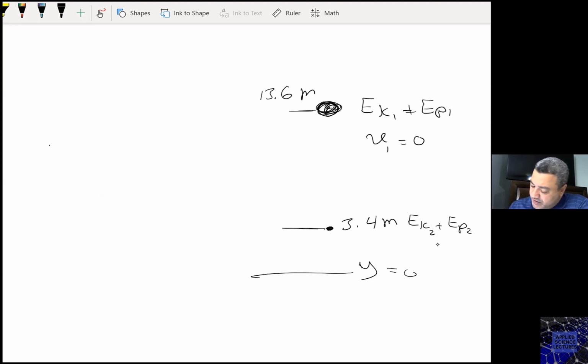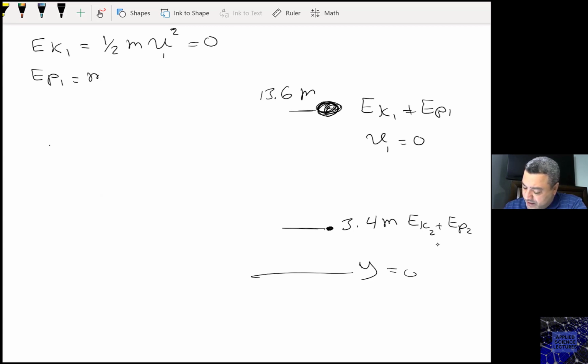So if I start first with EK1, it equals half m v1 squared, and this, as I said, equals 0. Then I have EP1, that is m g y1.